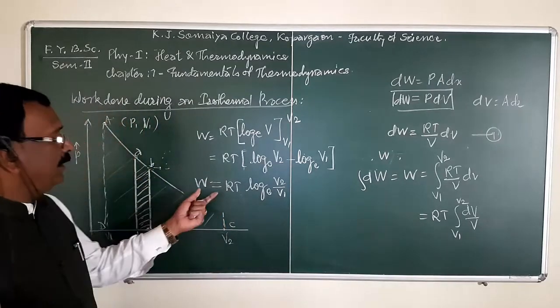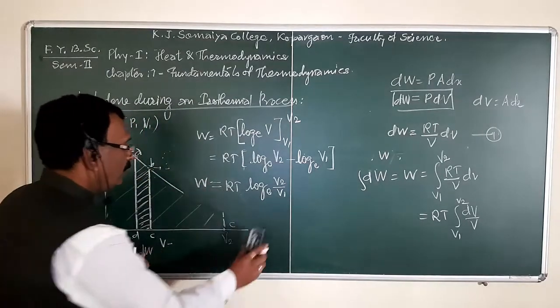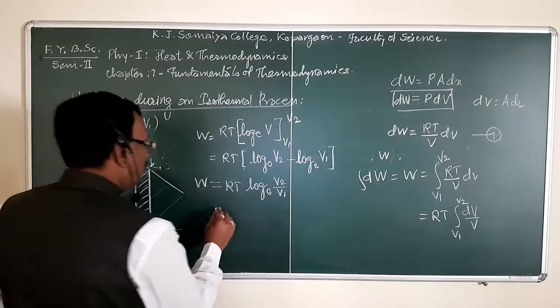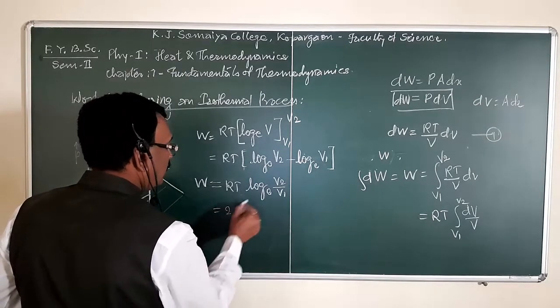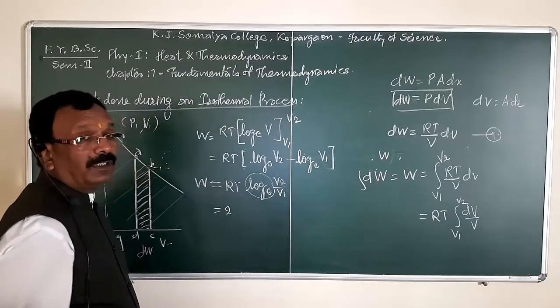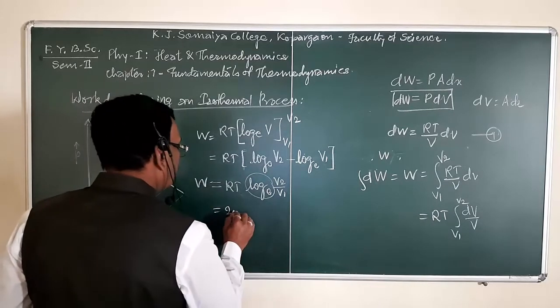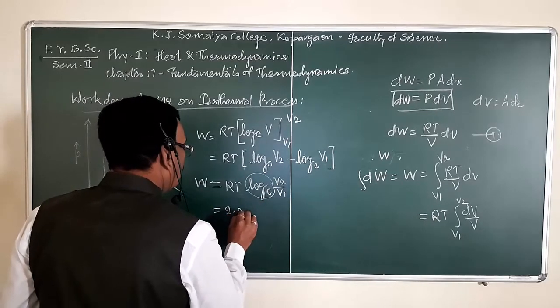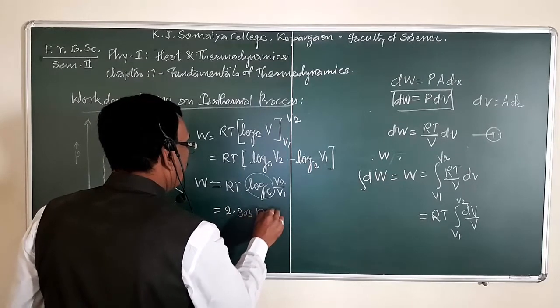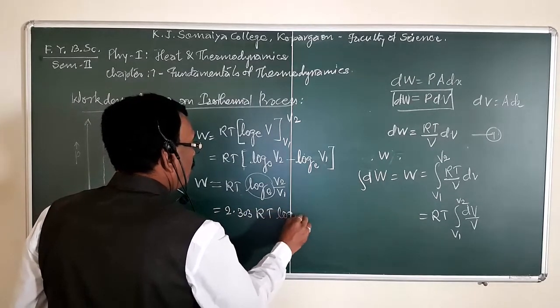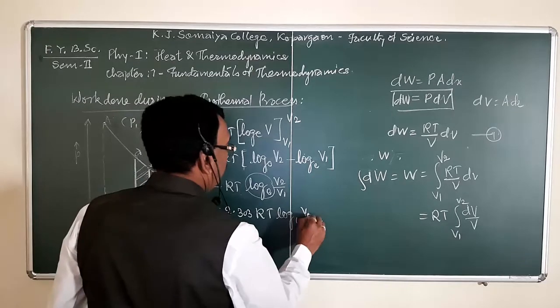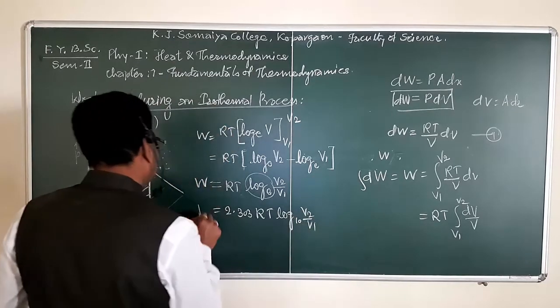But we cannot implement this equation directly, so for calculation we have to convert natural logarithm into log base 10. For that purpose, 2.303 RT log base 10 V2 upon V1.